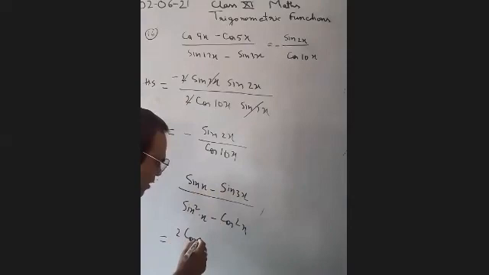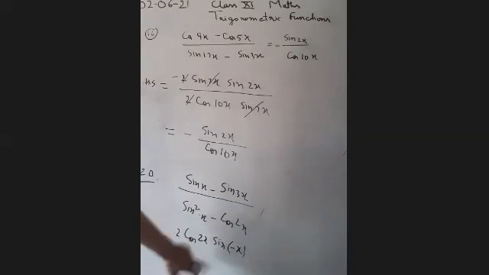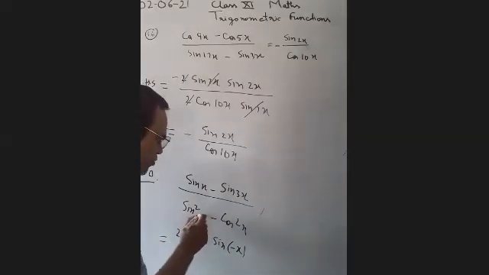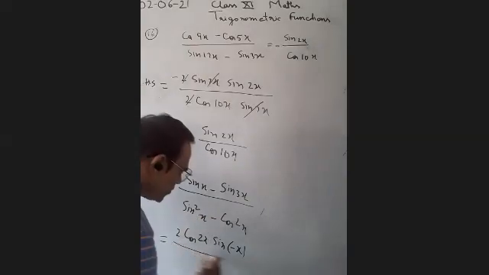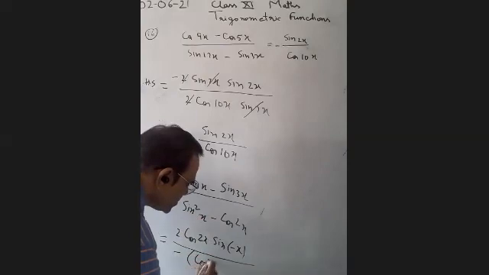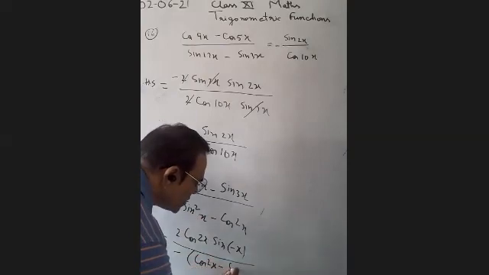And then sin of (C minus D) over 2, that is x minus 3x divided by 2, you will get minus x. In sin C minus sin D we get both the terms in cos and sin. So if you take minus common, you will get cos square x minus sin square x.